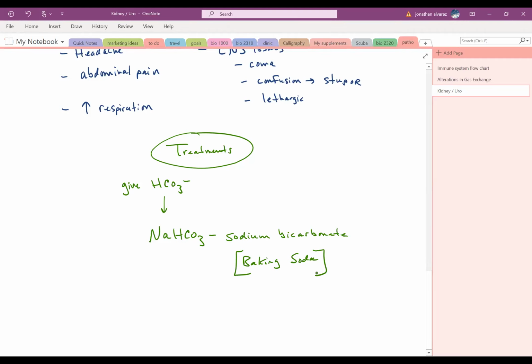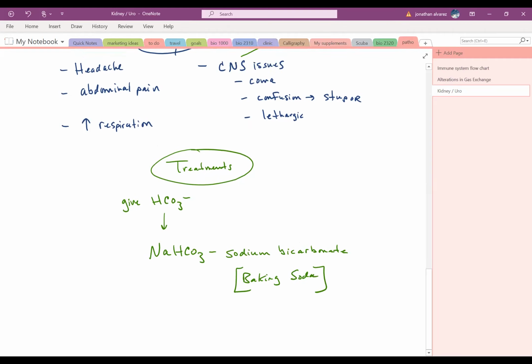Commonly known as baking soda. Okay, in fancier stages, you can do the hemodialysis. Okay, and then diet and lifestyle changes. Okay, so you want to coach them on diet and lifestyle changes.